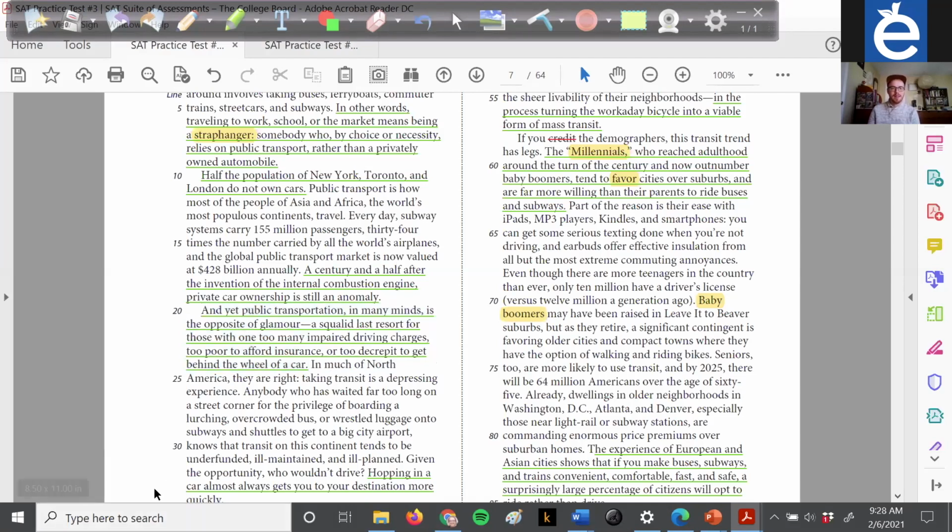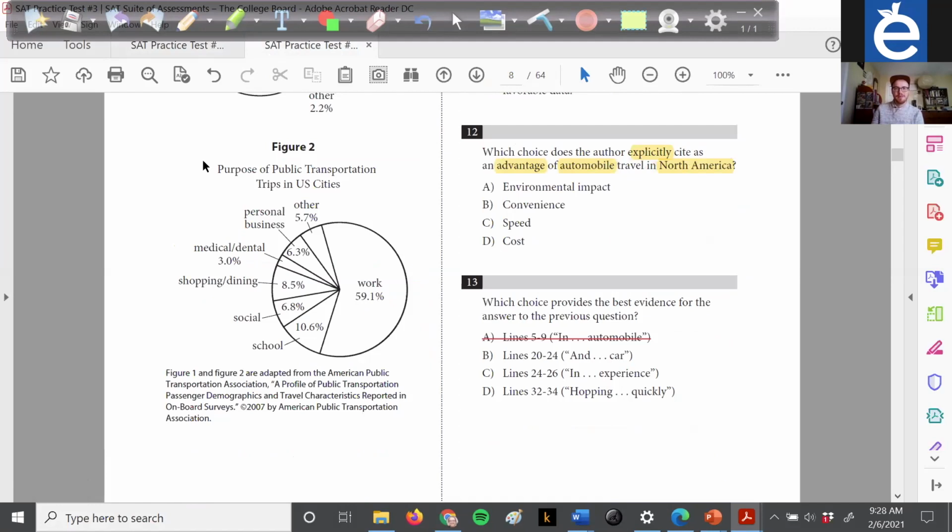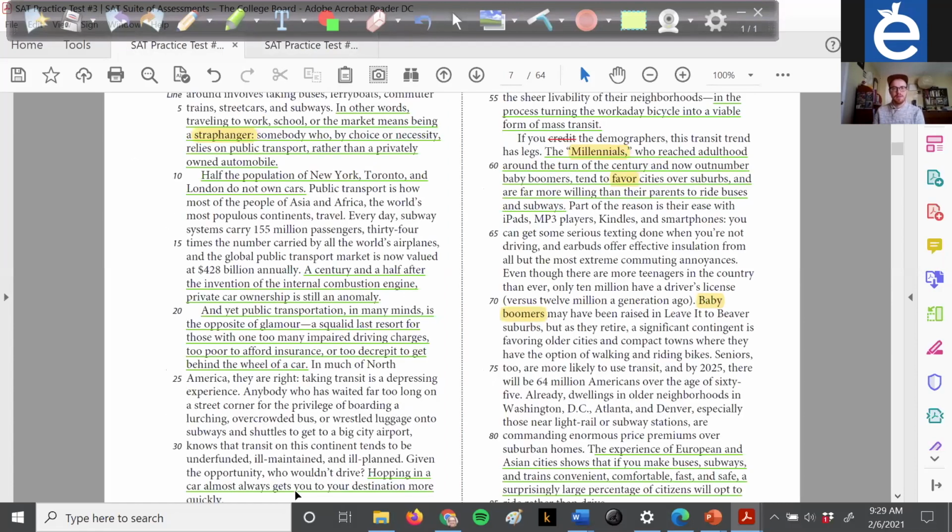Well, okay, that definitely talks about why public transit isn't fun, not necessarily why owning a car is good. So I won't cancel it out right away, but let's see if we can find something stronger. Lines 24 to 26, starting with in, ending in experience.